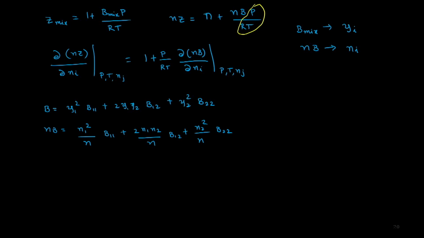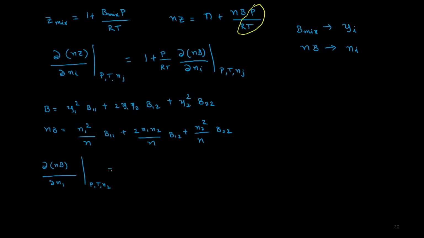Now I need to take a derivative with respect to, let us say, n1. Then the derivative of nb with respect to n1, because there are only two components, what I am holding constant is n2, T and P of course.